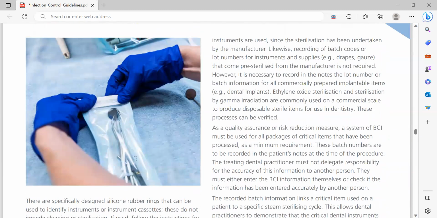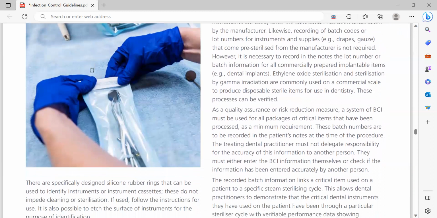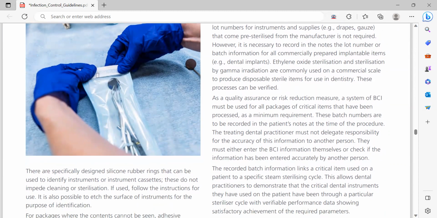After packaging them, there is a number for every load. You need to write that BCI number on the package. That would help in understanding when this load was packaged, when it was sterilized, who did the sterilization, at what time, what the cycle was, and whether it was successful or not.